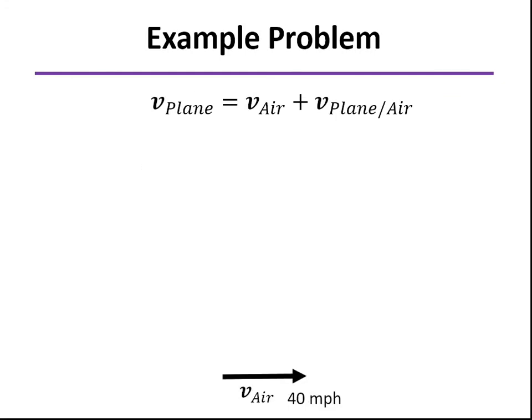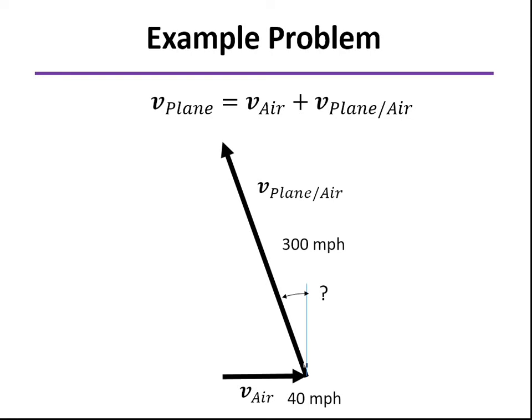Okay, the velocity of air is 40 miles per hour west to east. The velocity of the plane relative to the air, we can fly at 300 miles per hour, but we're not sure exactly what the direction is there. When we add those two together, we get the velocity of the plane from south to north, but we don't know exactly what its magnitude is.